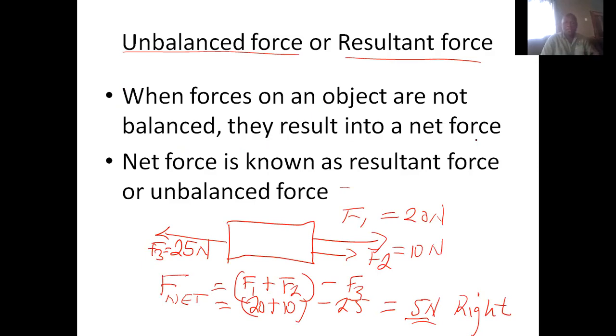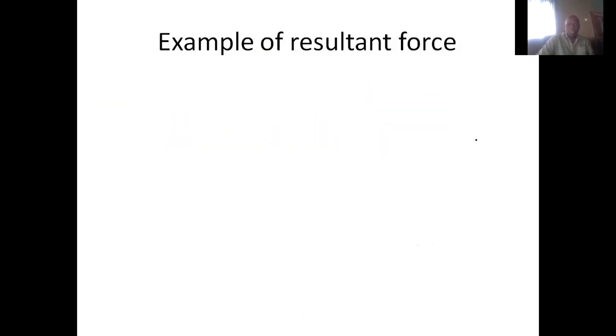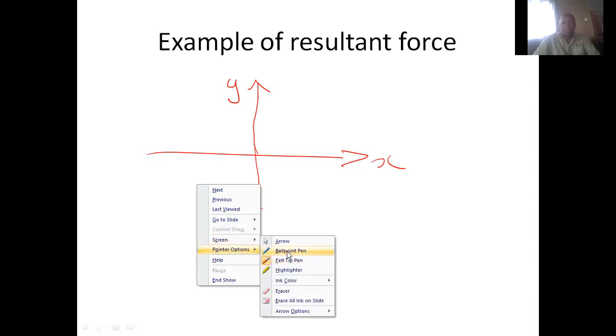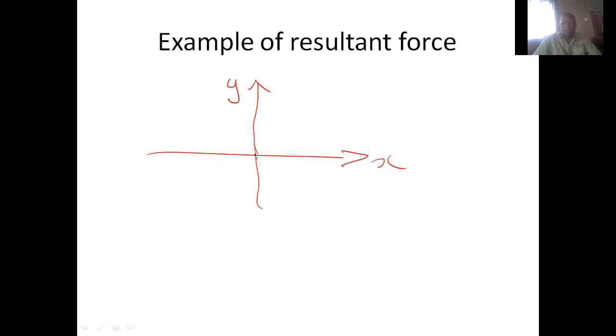So an unbalanced force is actually a net force, or a resultant force. And so examples of resultant force, for example, if this is the x-axis and this is the y-axis, and we have two forces actually, starting from 0.